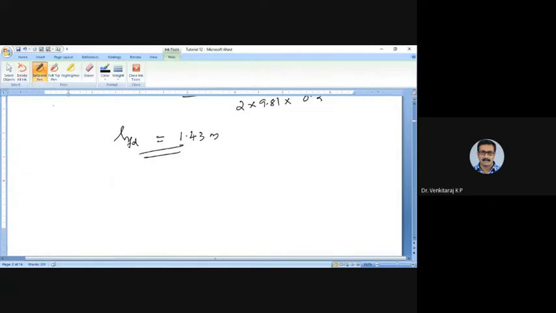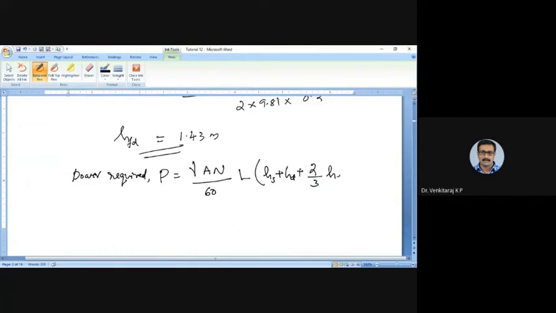So the power required P equal to gamma A L N by 60 into HS plus HD plus 2/3 of HFS plus 2/3 of HFD.